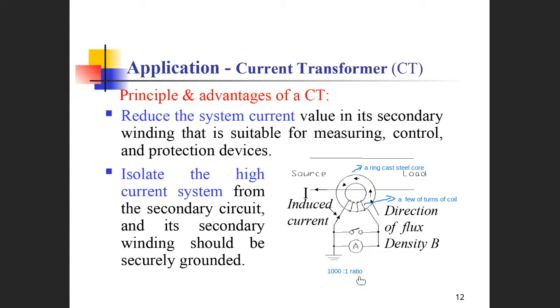Not just for measurements, but sometimes we also use the current transformer for protection.